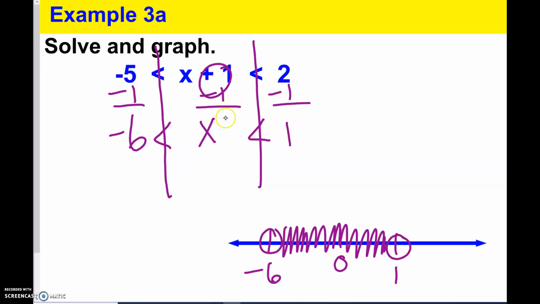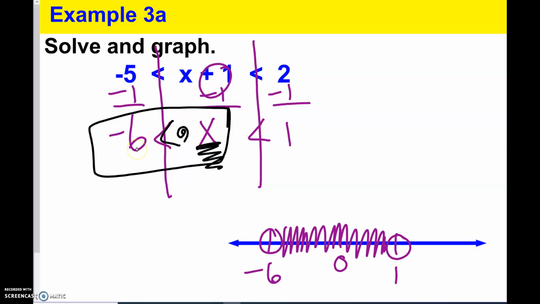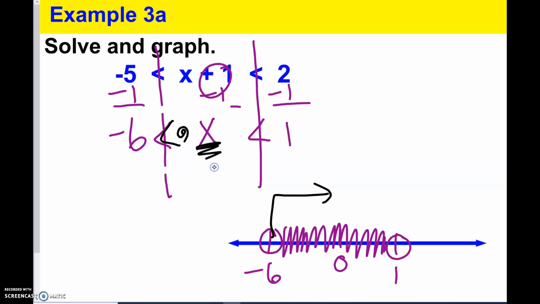Some of you are going to want to look at it and graph just this. Now remember, we have to read from the letter. So it says any number greater than -6. So greater than -6 would be this way. And now you have to also read it. So if I erase this mark in here, and now I have to go ahead and read this from the other side, we need the letter.